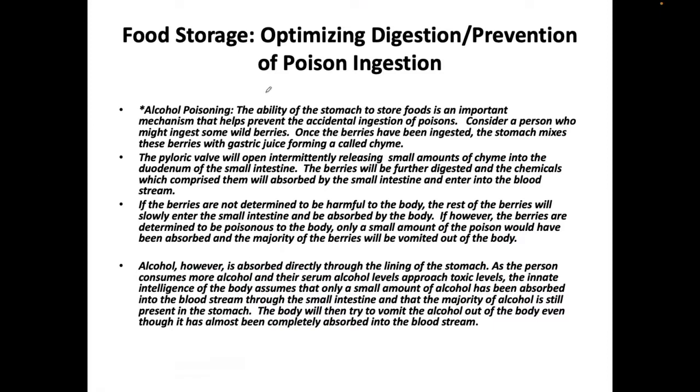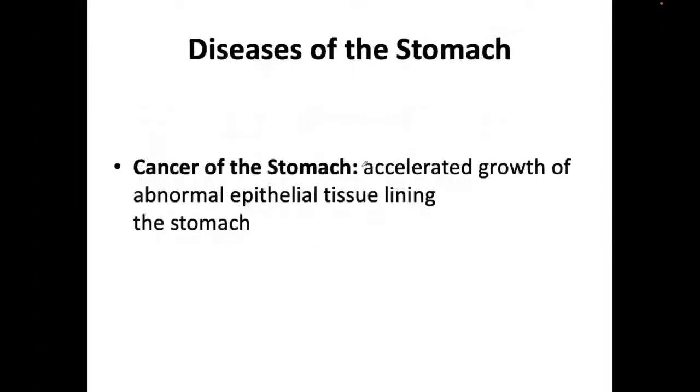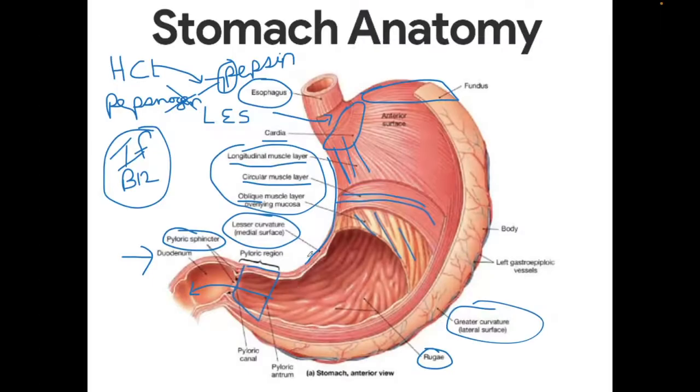Okay, in terms of food storage and optimization of digestion and prevention of poison ingestion, what this is saying here is that within the stomach, the pyloric sphincter can open a little bit to release certain contents into the duodenum.